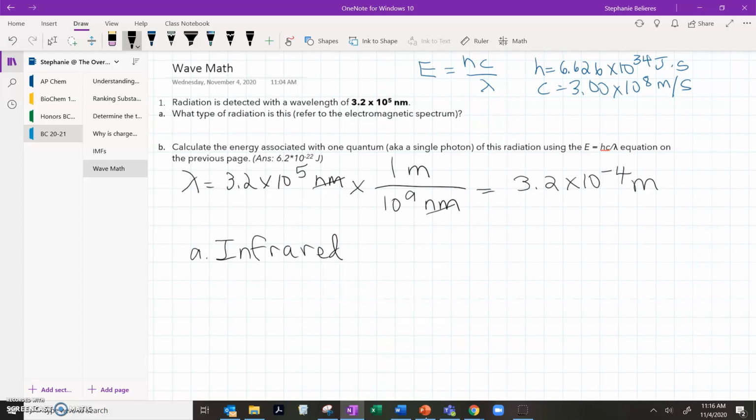Now I want to know the associated energy for that wavelength. And so I'm going to keep my work in meters. I'm going to plug that in because my equation that I'm going to use to go from wavelength to energy, my constant c, the speed of light, is in meters.